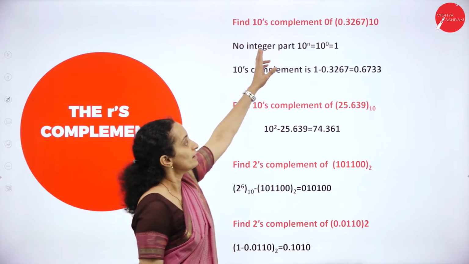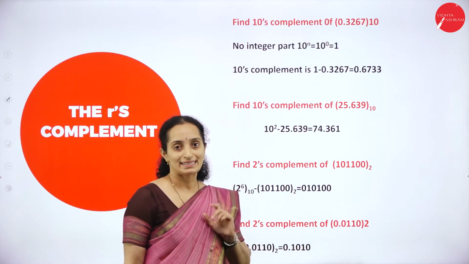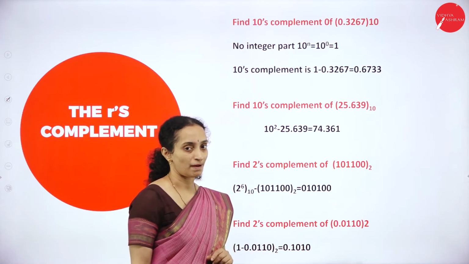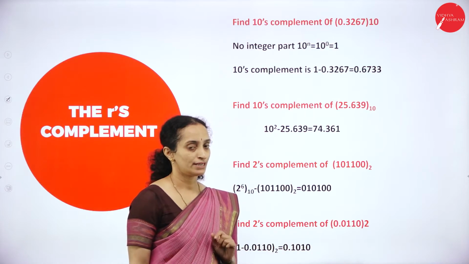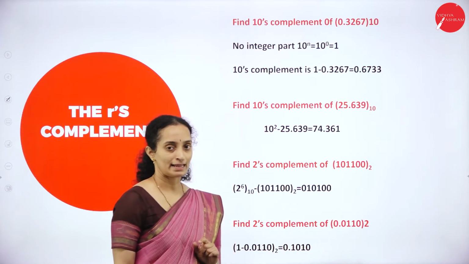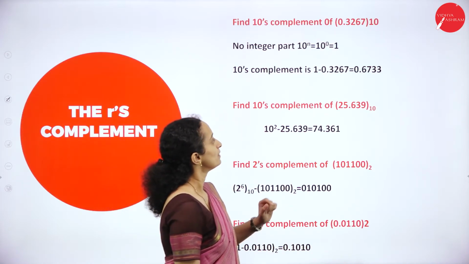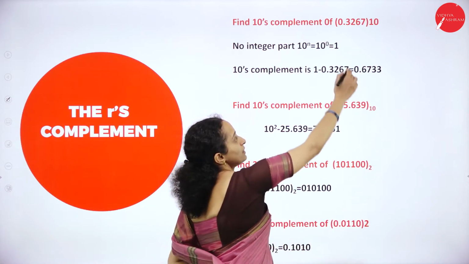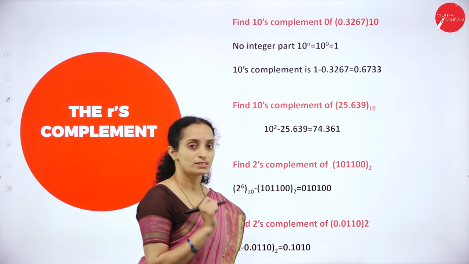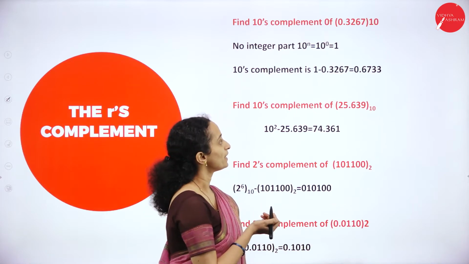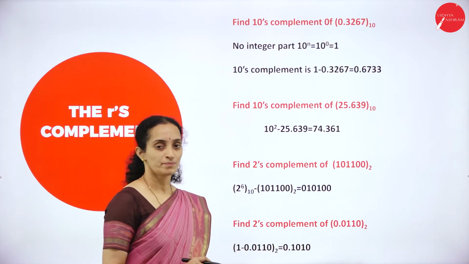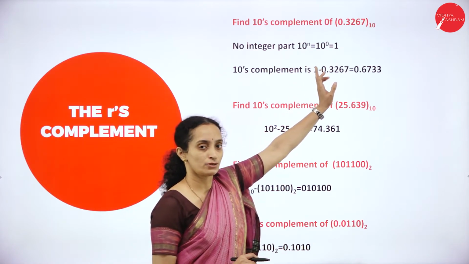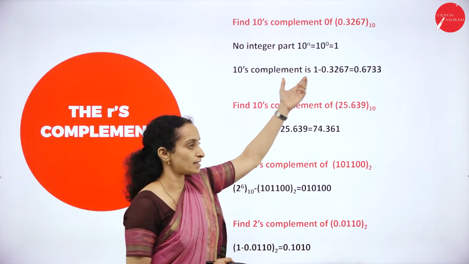Now, let's have a look at other examples. Now, we have a decimal point or fractional part. How do you generate a complement when you have a fractional part in a decimal number? We have the example of 0.3267 to the base 10, which is a fractional part.